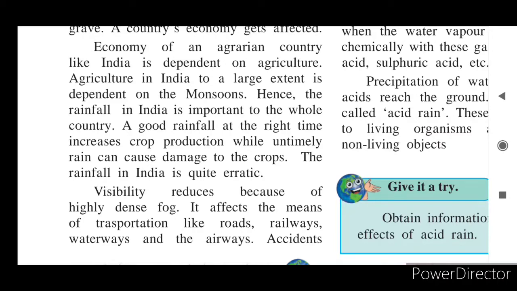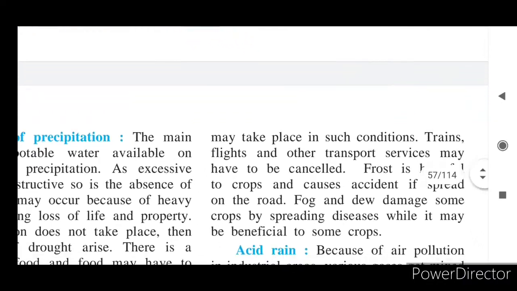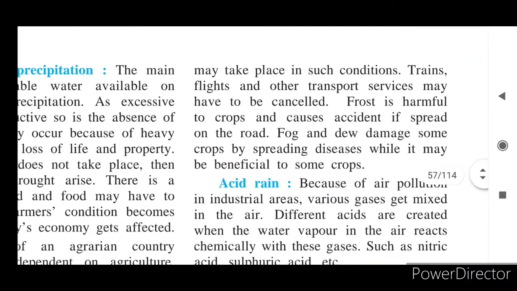So many times due to fog, flights and railways are postponed. On the roadside also, people avoid traveling due to the fog. Accidents may take place in such conditions. Trains, flights and other transport services may have to be cancelled.